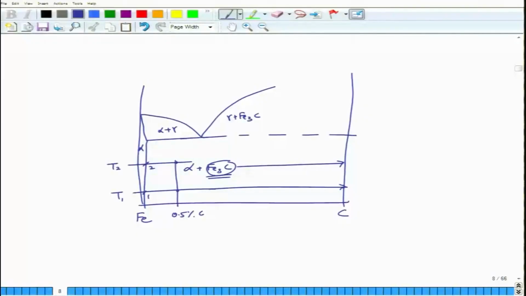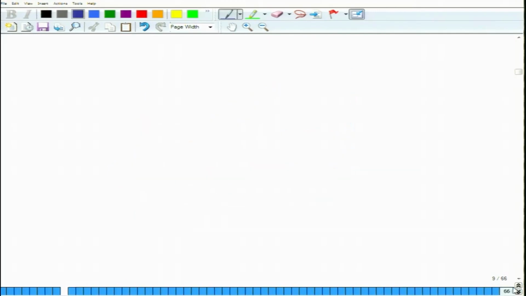It's a line compound. Its composition cannot change because the composition is 3 iron, 1 carbon. The 3:1 ratio has to be maintained. So this is a line compound or an intermetallic compound.